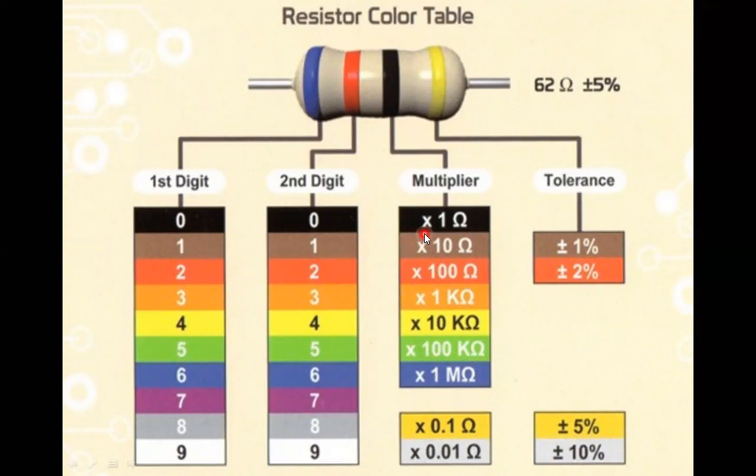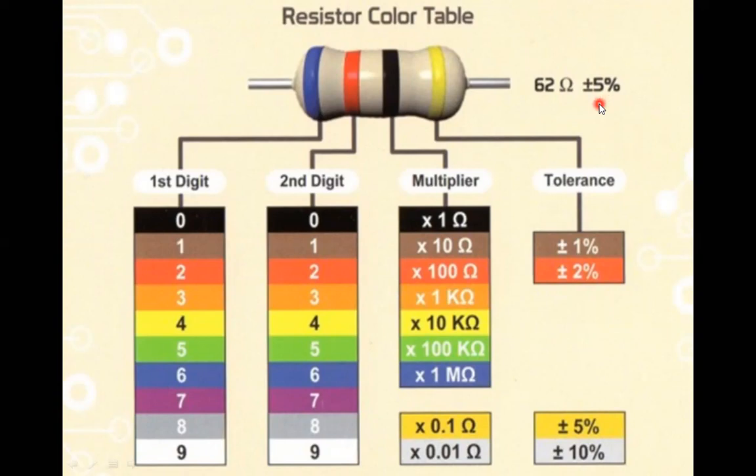Black stands for how much? Black is 0. So 6 2 into 10 to the power of 0. 10 to the power of 0 is 1. So 62 ohm. Here it is written as 62 ohm. And what tolerance does it have, gold or silver? It is gold. So gold has a tolerance of 5%. So 62 ohm plus or minus 5% is acceptable.